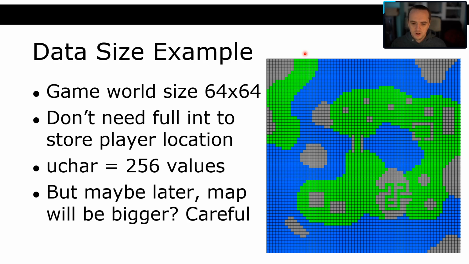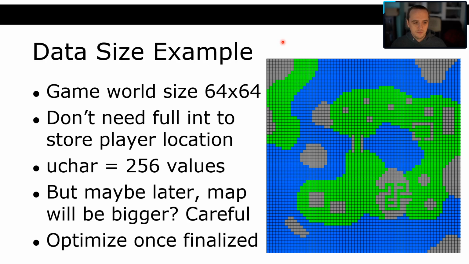But then later on, we decide, oh, the game designer wanted to have one really big map, like 512 by 512, and now everything breaks because we can't store 512 possible values in an unsigned char, okay? So the important key here is not to do premature optimization. So once your program works, then you go back and optimize it, okay?